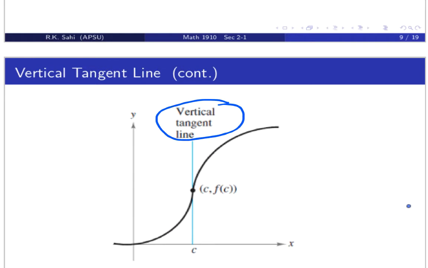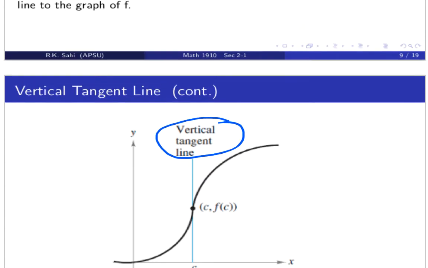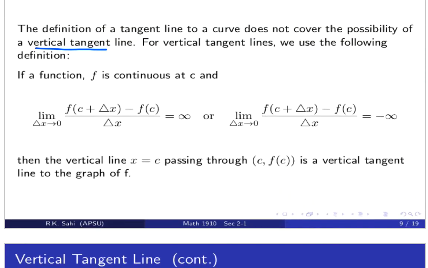So whenever we see the words vertical tangent line, it means that the line will touch the graph of the function. And in terms of solving it, first of all, the function has to be continuous, and the limit as delta x approaches 0 of f of c plus delta x minus f of c over delta x is positive or negative infinity.